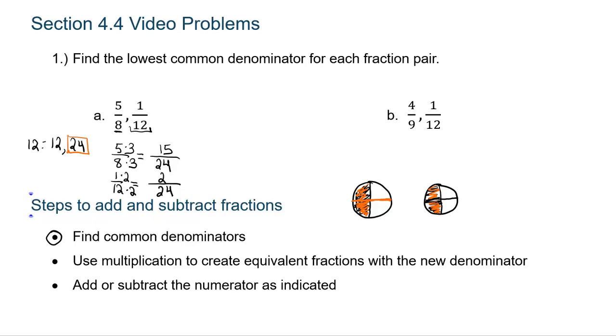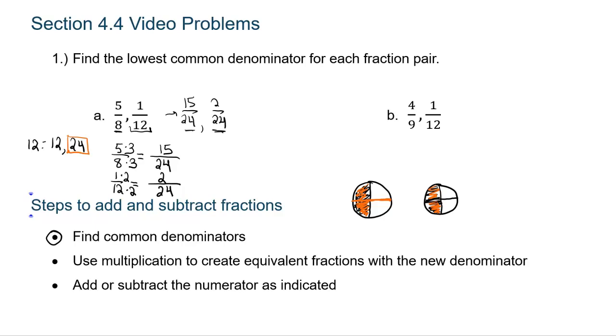And I get 2/24. So 15/24 and 2/24 are equivalent to 5/8 and 1/12. But again, going back to that visual, the 5/8 is a pie cut into 8 pieces. 1/12 is a pie cut into 12 pieces. Now we have both pies cut into 24 pieces.